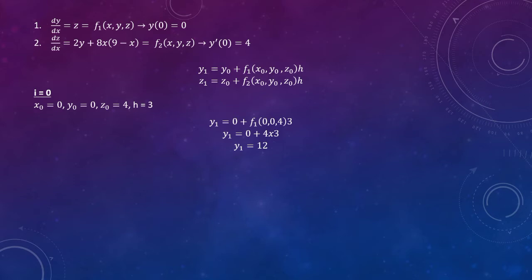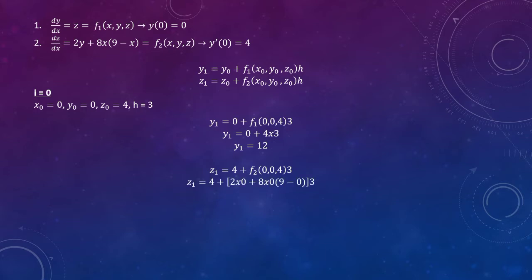Now that we are done getting y sub 1, we will proceed to z sub 1. For z sub 1, substitute the values. z sub 0 is 4 plus the second function multiplied by 3. For the second function, we have this equation, 2y plus 8x multiplied by 9 minus x. We will now substitute the values: x sub 0 is 0, y sub 0 is 0, z sub 0 is 4.